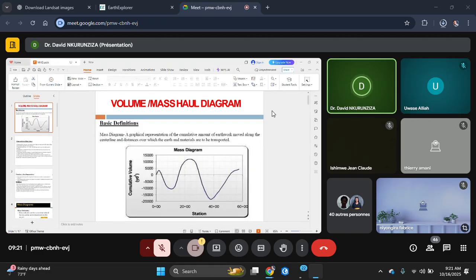So let me repeat it again. Someone may ask you as an engineer, what is a mass haul diagram? In short, they state it as MHD.